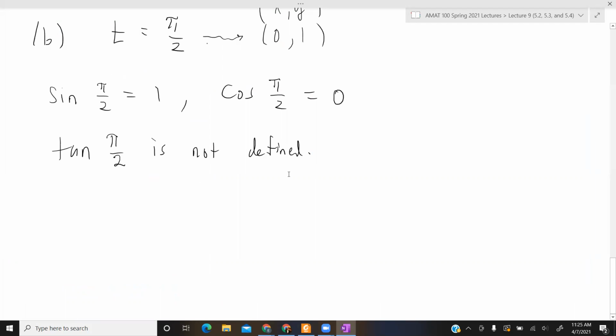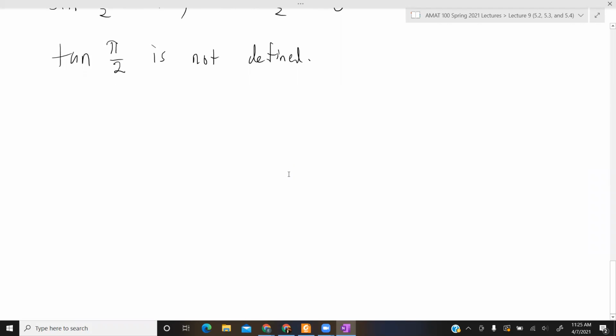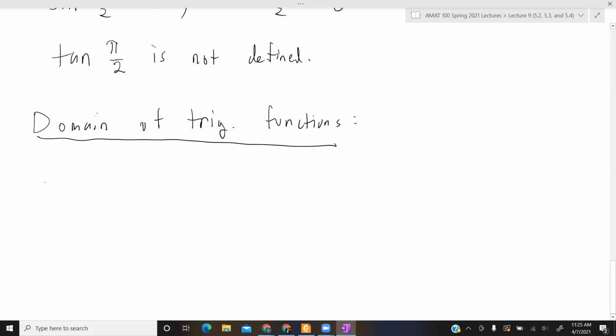So just some observations. Let's make an observation on the domains of these trig functions.